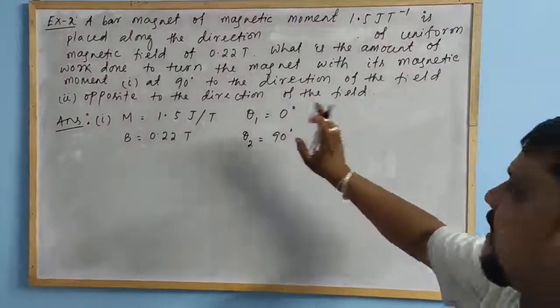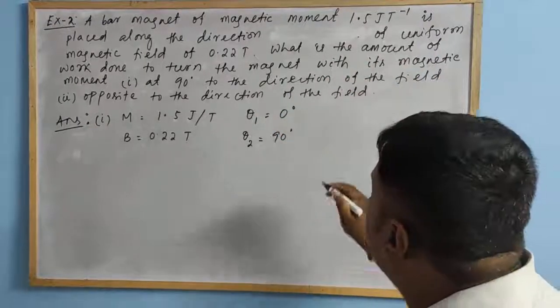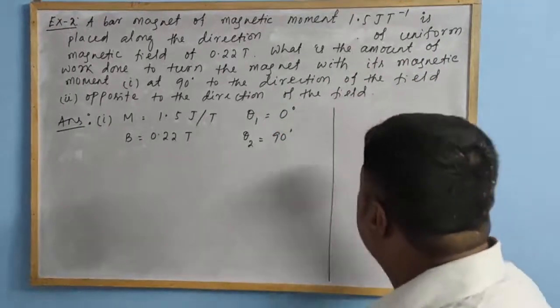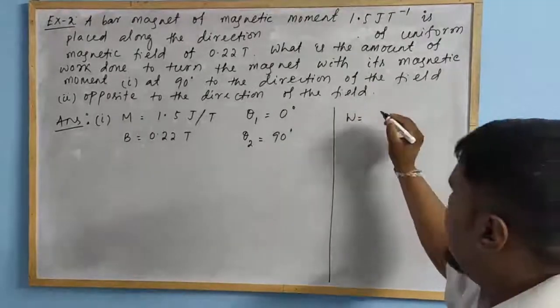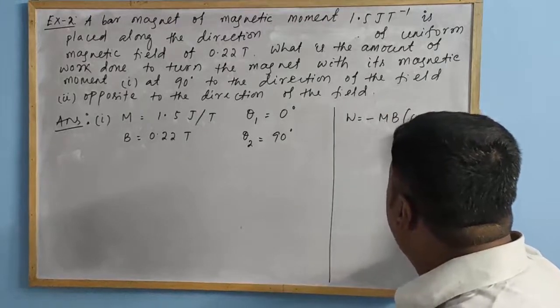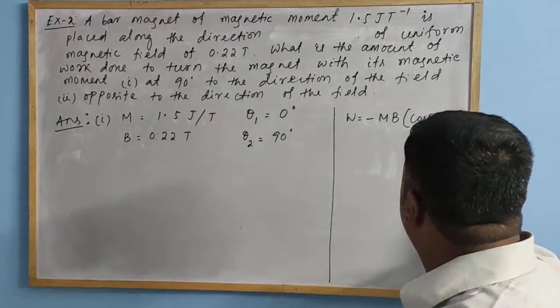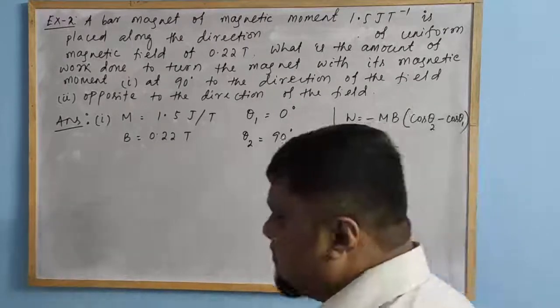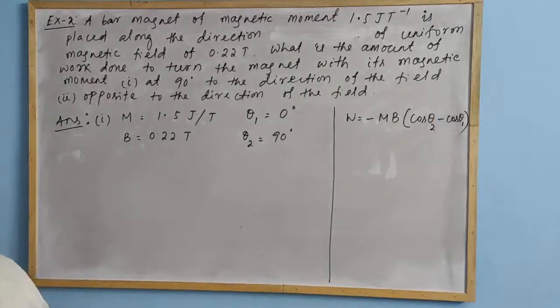Clear? Now, what is the amount of work done? Now you come to the formula for work done. What is that formula? Minus MB cos theta 2 minus cos theta 1, isn't it?